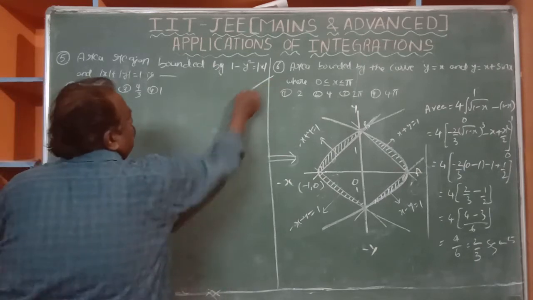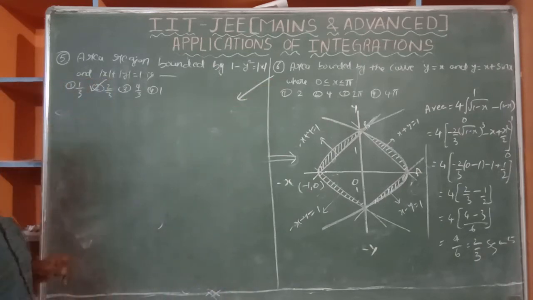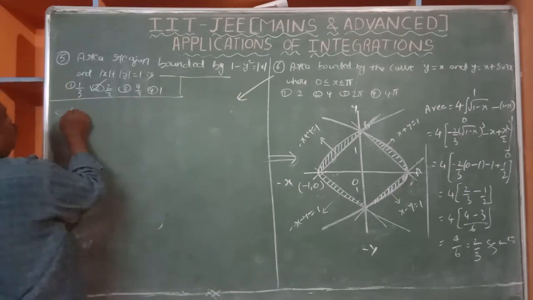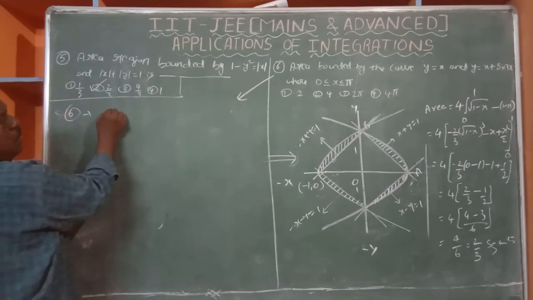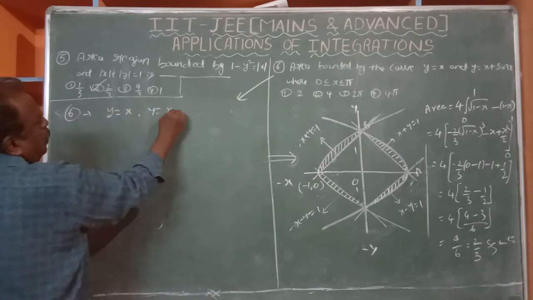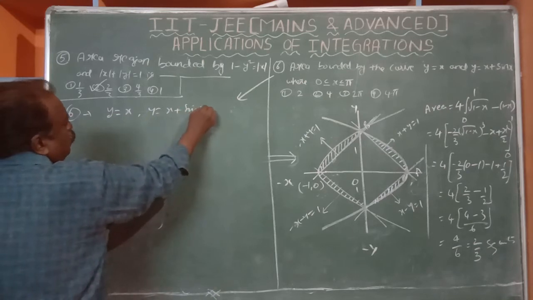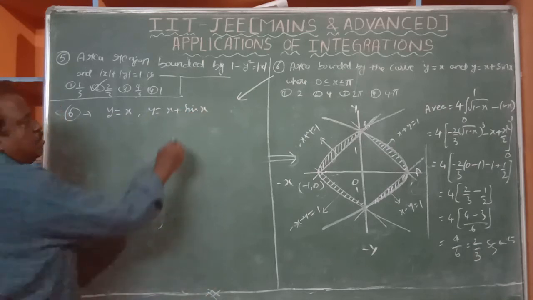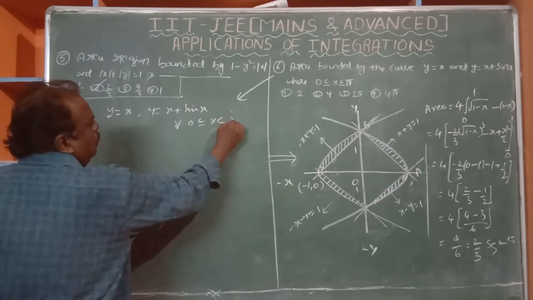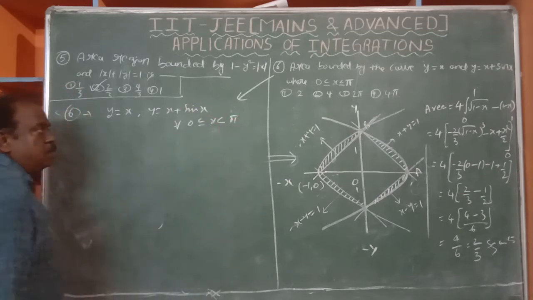I'm going to solve the sixth one. The given curves are y is equal to sin x and y is equal to x plus sin x, within the limits 0 less than or equal to x less than or equal to pi.